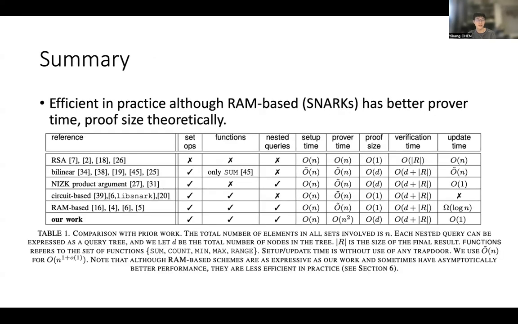And as a summary, although Slugs has better proof time and proof size theoretically, in practice the authors of this paper think ESA is more efficient, especially when the set size is not that big, like 10,000 elements.